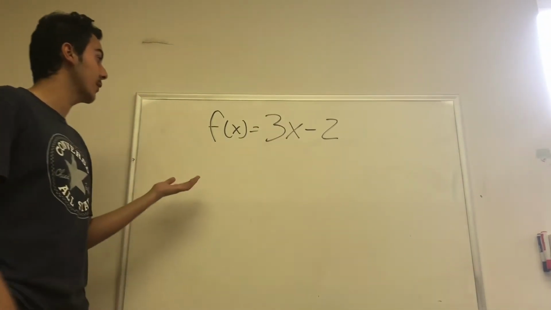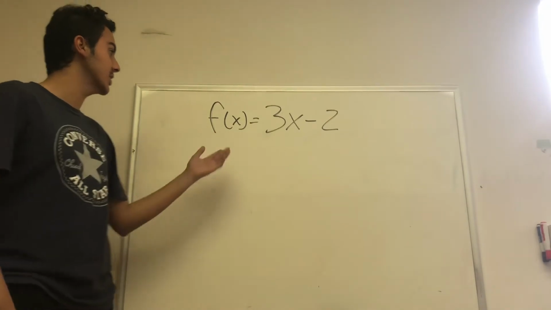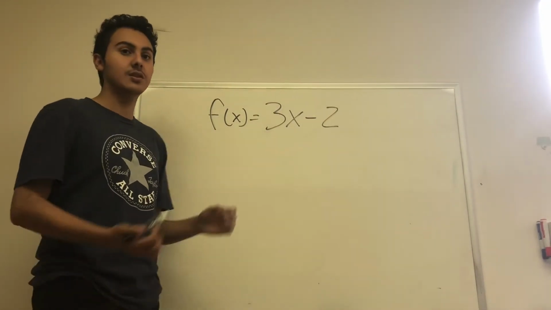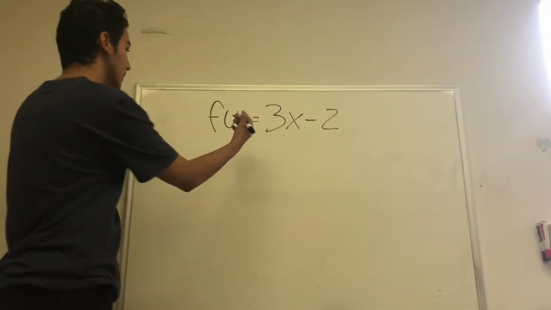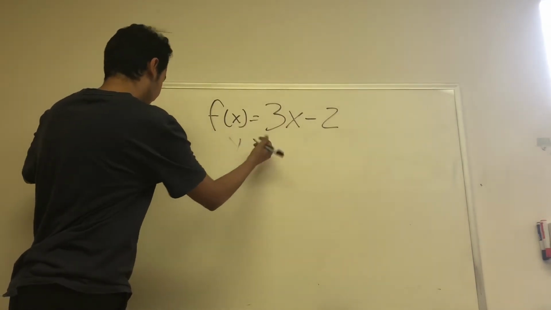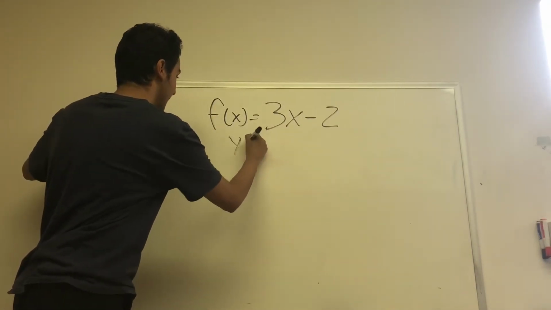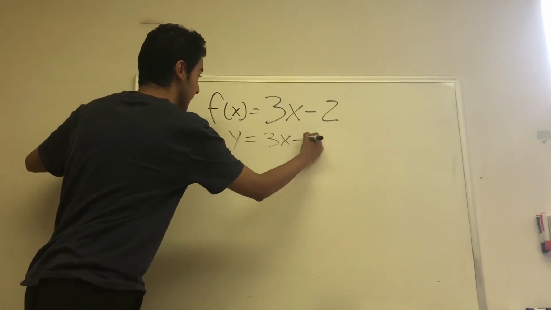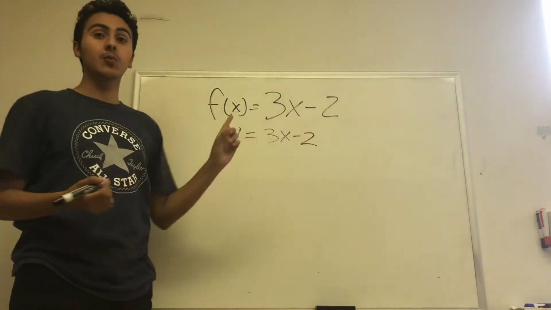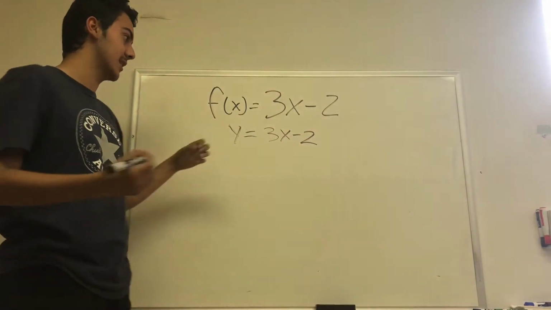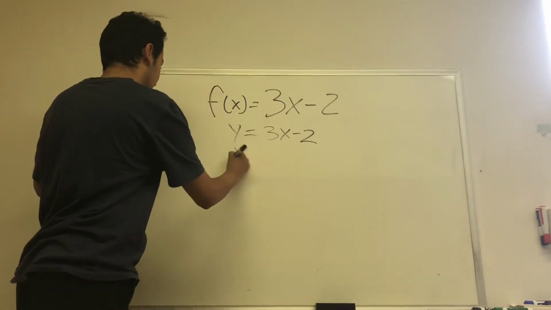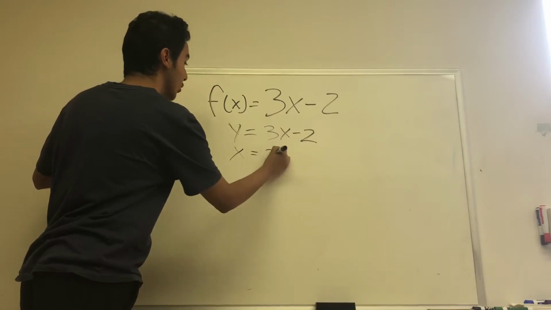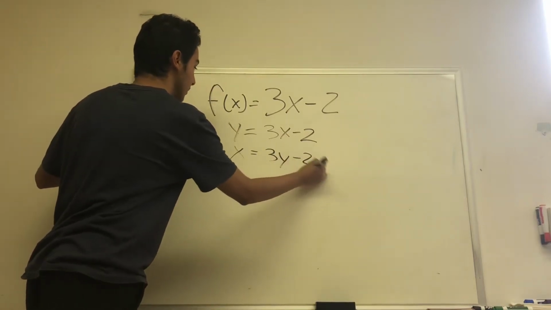Here's another example, and what I'm trying to do is find the inverse relation of 3x minus 2. So we're going to get y by itself, so it will be y equals 3x minus 2. And then we're gonna get x by itself this time. So it will be x equals 3y minus 2.